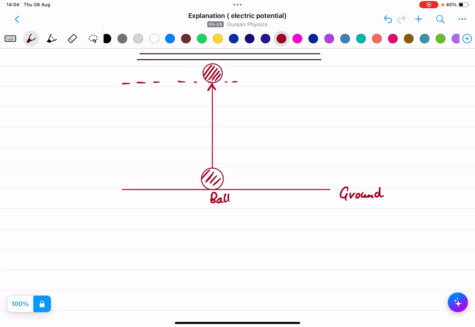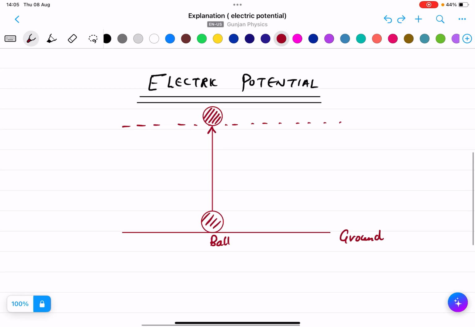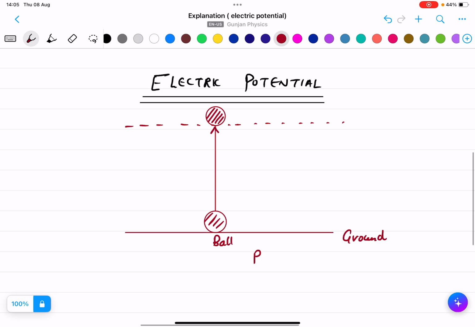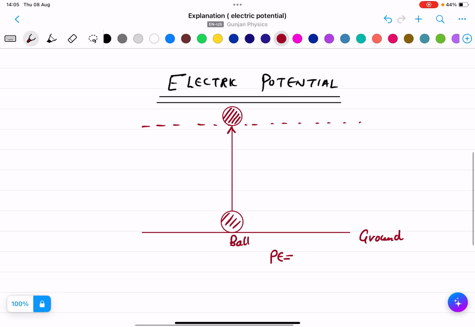But what is the difference between this position and this position? When the ball is at ground, there is no height, so the potential energy is basically 0.